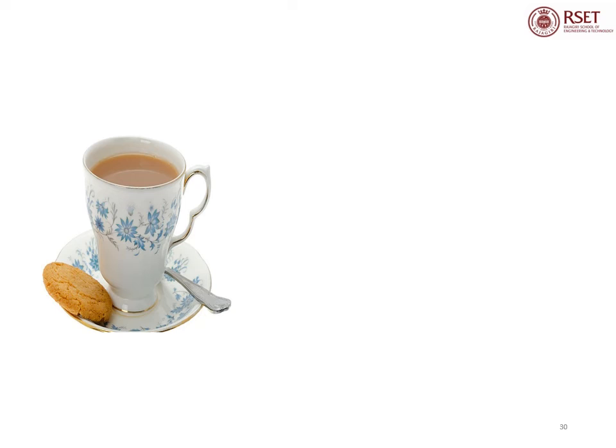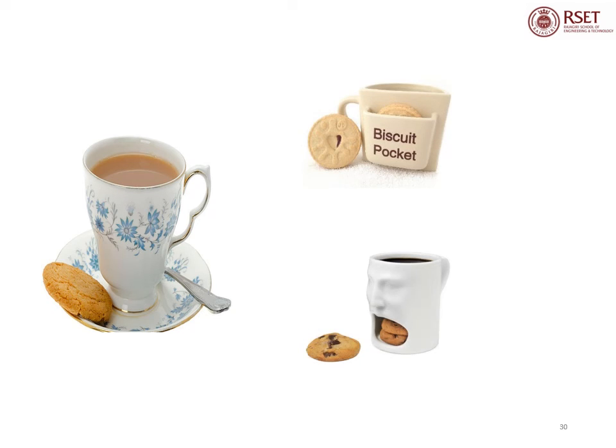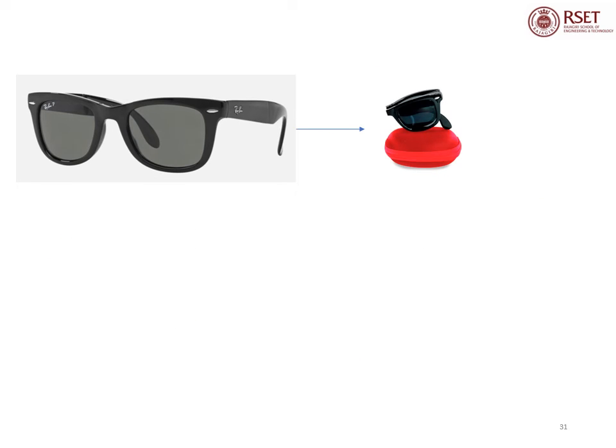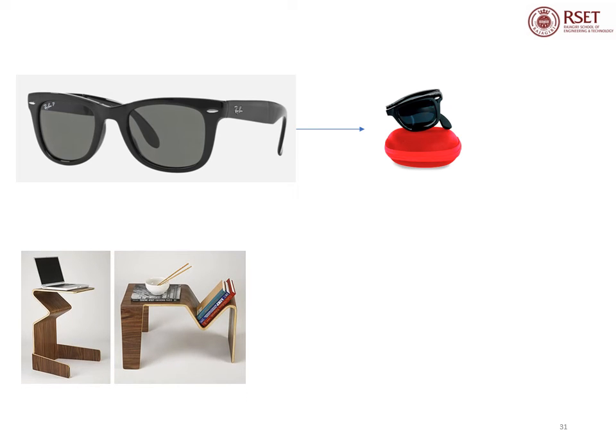But we need to use an extra saucer for keeping the biscuits. But what if we have a pocket for the cup to hold the biscuits like this? It will be so nice. Similarly, these are some other examples of adding value to products.